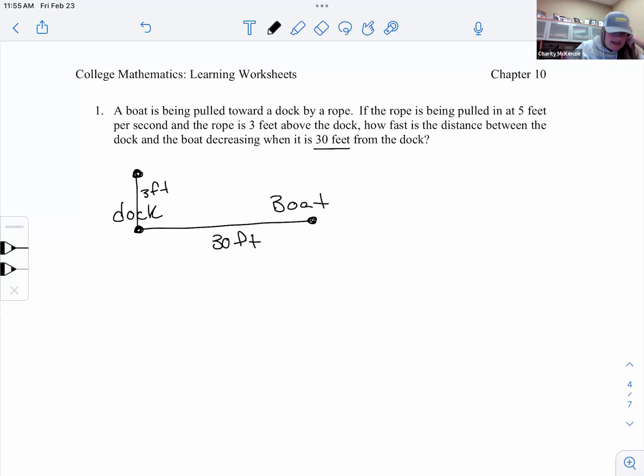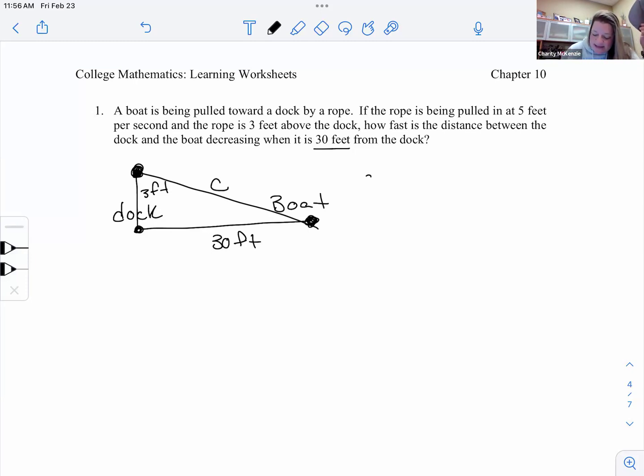Okay. And then this can form a 90-degree triangle. That's nice of it. So that we could find the distance from where we're holding the rope up here to the boat here. So I'm going to call this C because it really goes ABC.